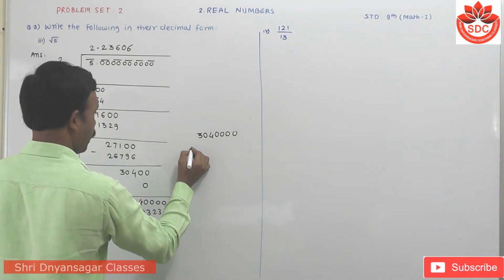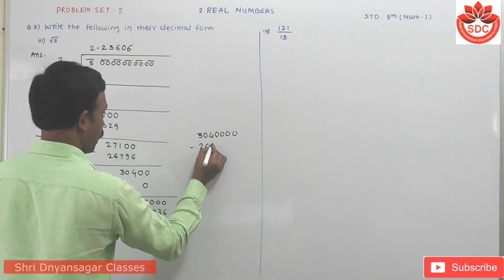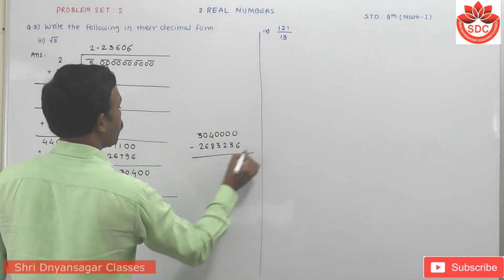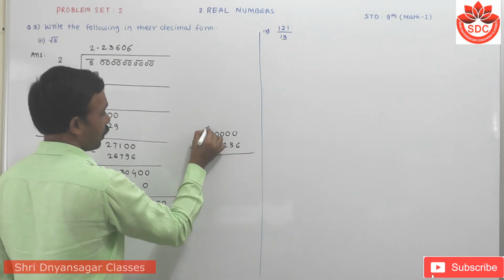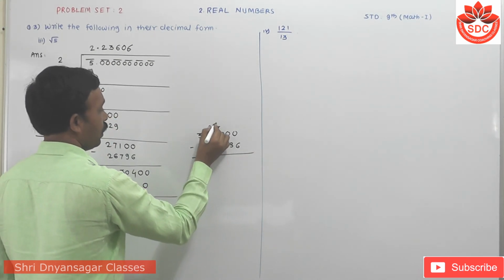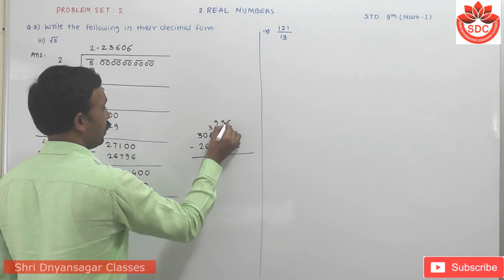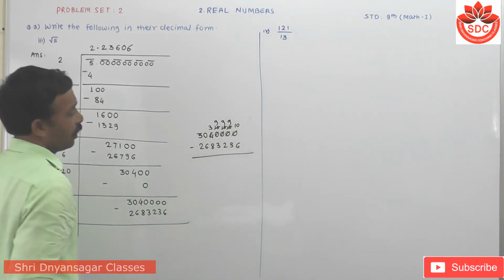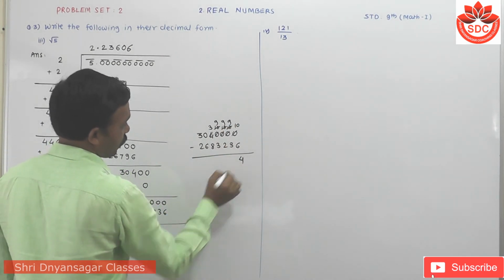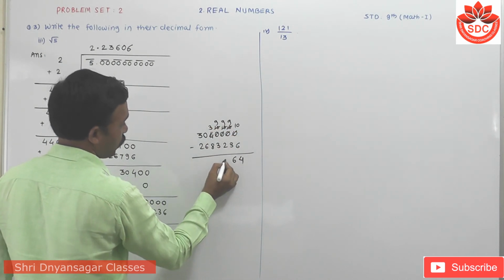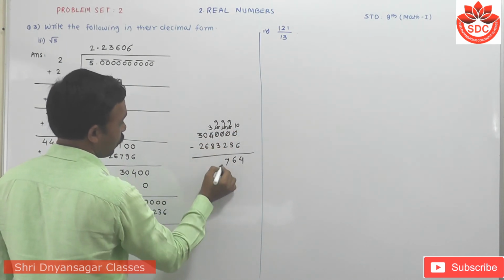3,040,000 minus 2,683,236. When we subtract it, student, here becomes 3, here is 10, here is 9, here is 10, here is 9, here is 10, here is 9, here is 10. 10 minus 6 becomes 4, 9 minus 3 becomes 6, 9 minus 2 becomes 7, 9 minus 3 becomes 6.